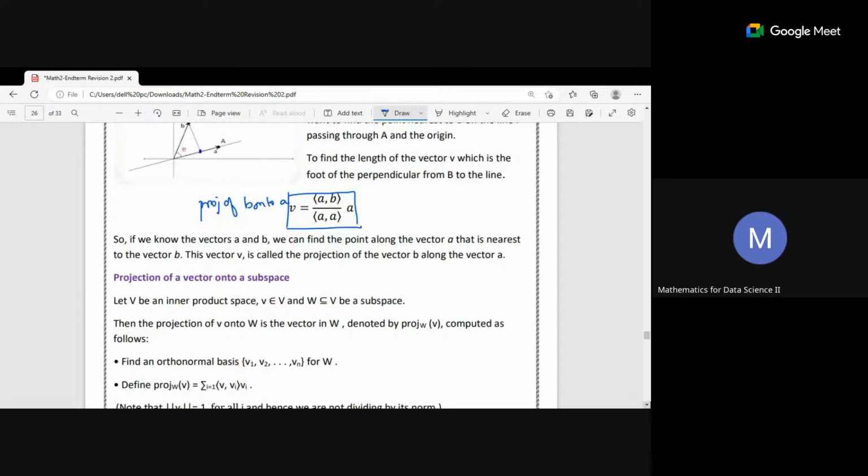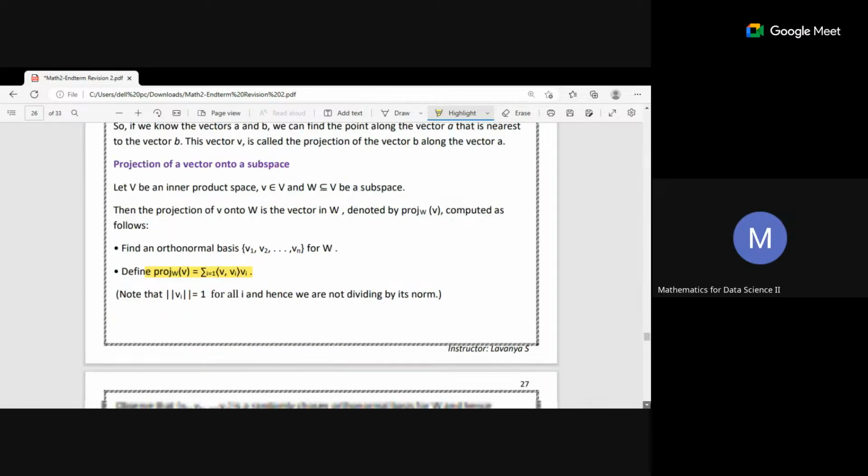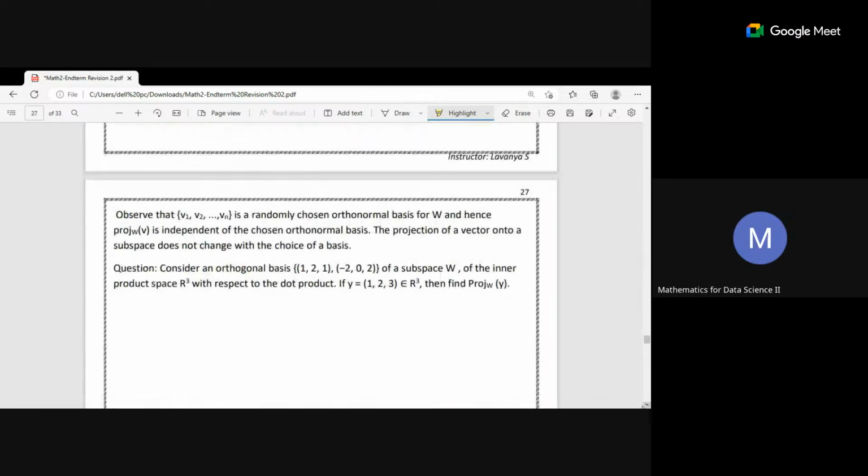For projection onto a subspace, you first need an orthonormal basis, and then you can find the projection using this formula. Irrespective of whatever choice of orthonormal basis you get, you will still have the same projection.